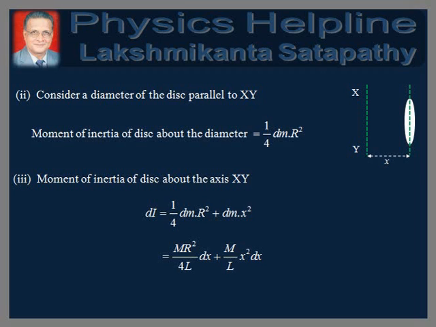It is given by dI is equal to 1 by 4 dm into r square plus dm into x square. Putting the value of dm, we get dI is equal to mr square by 4L into dx plus m by L into x square dx.